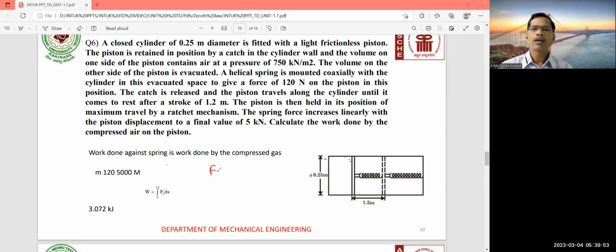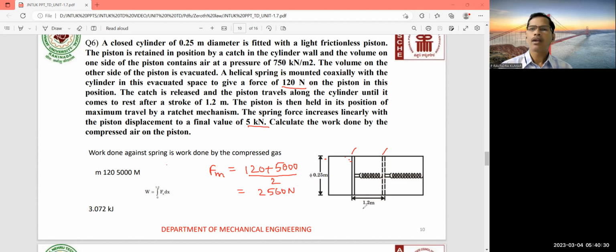The mean force is the initial force 120 plus the final value 5000, from this position to this position. Once you get the mean force, it is 2560 Newton.